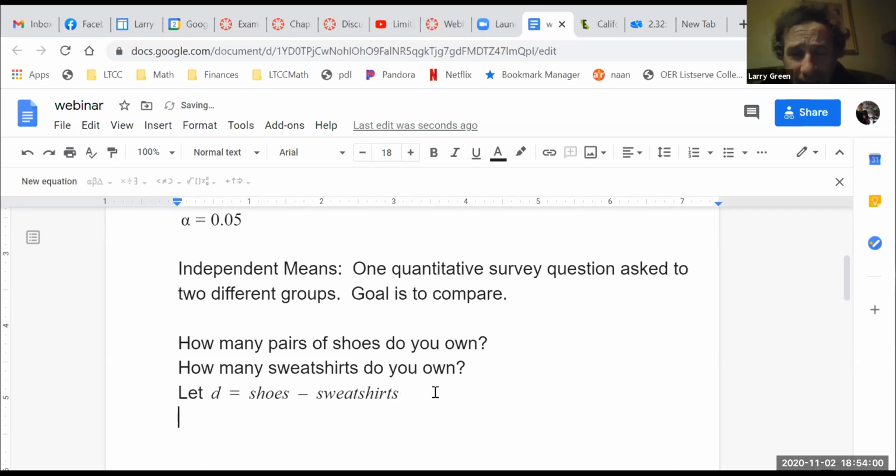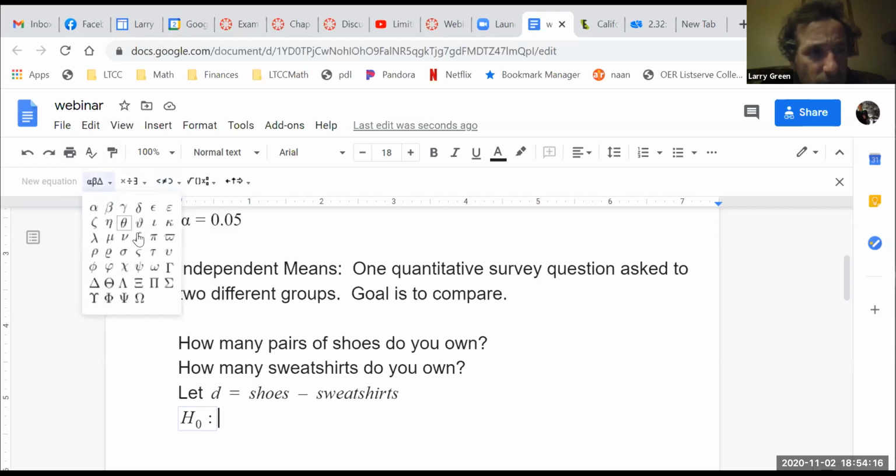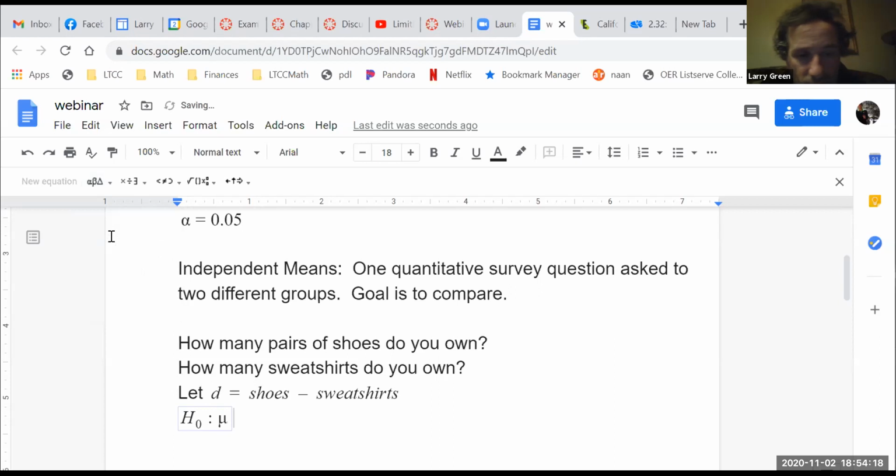And if we look at it that way, then we can write H naught and H1 in a very different way. We can write H naught as mu sub D equals 0.